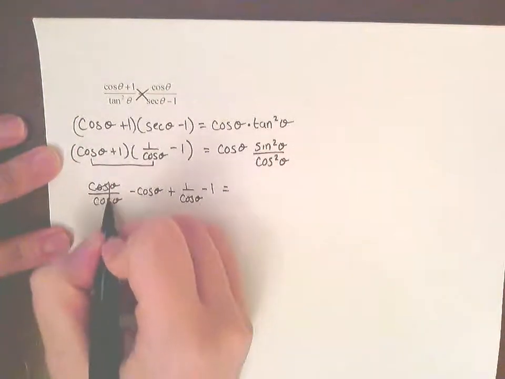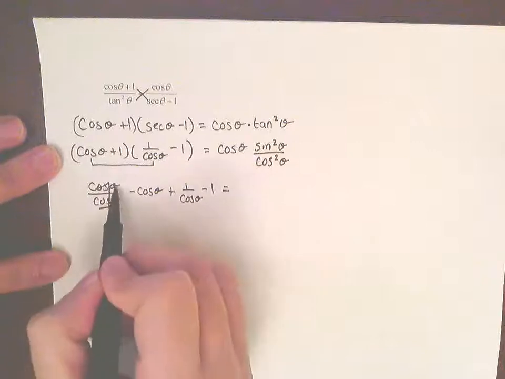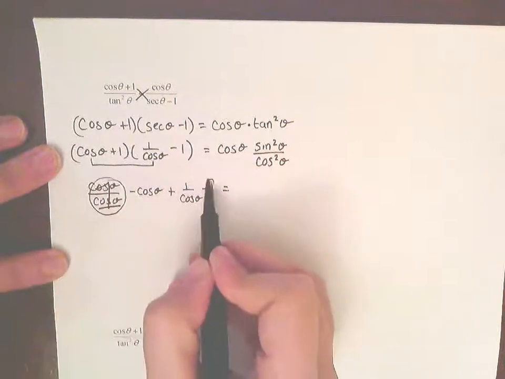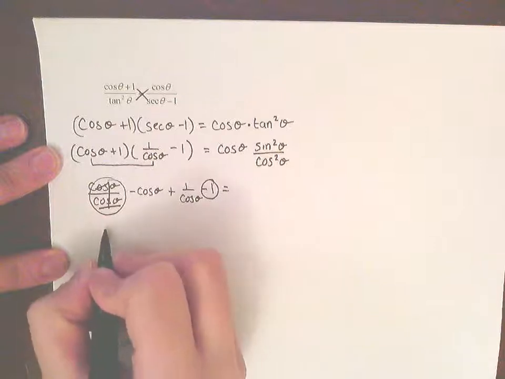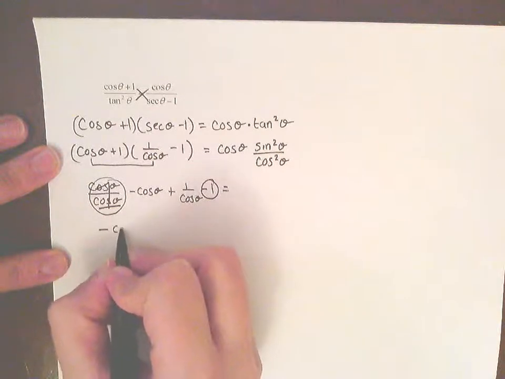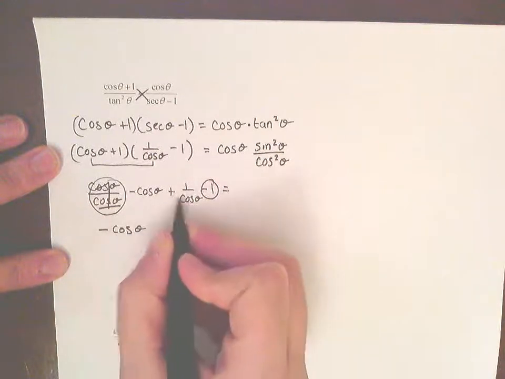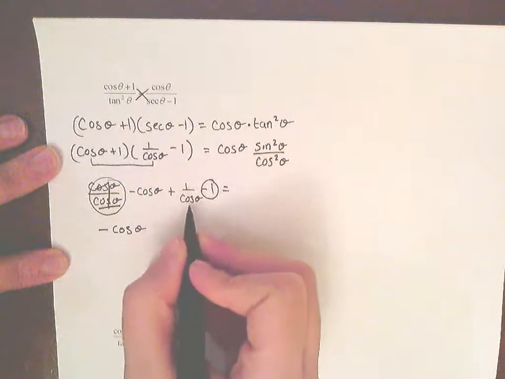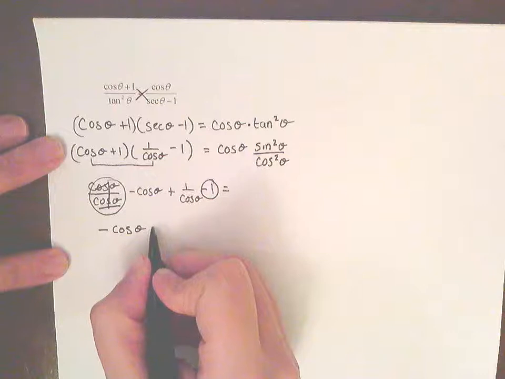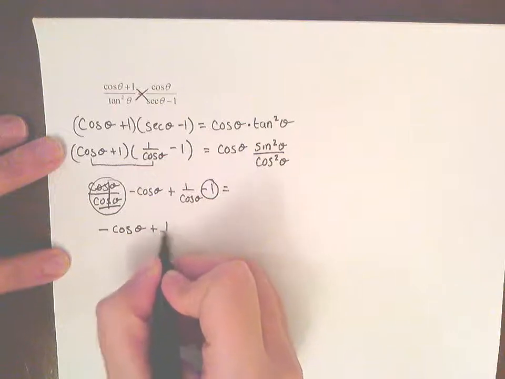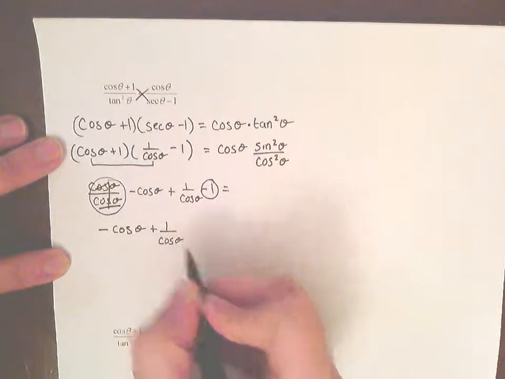So this, of course, becomes 1. And then what happens with this guy and this guy is 1 minus 1, so that's gone. So now we have minus cosine of theta. And then the only thing that I can do with this to maybe fix it in a little bit is change it back to secant. But right now I'm just going to leave it for you as 1 over cosine of theta.